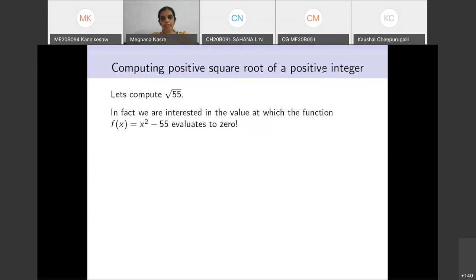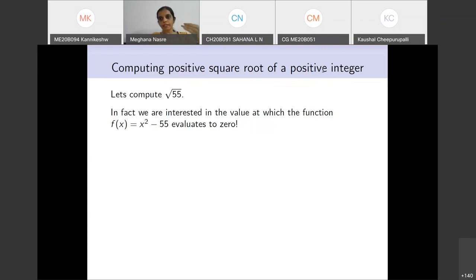Since we are interested in the positive square root, we are interested in a positive value at which this function evaluates to 0. So this is our goal: f(x) = x squared minus 55 equal to 0.